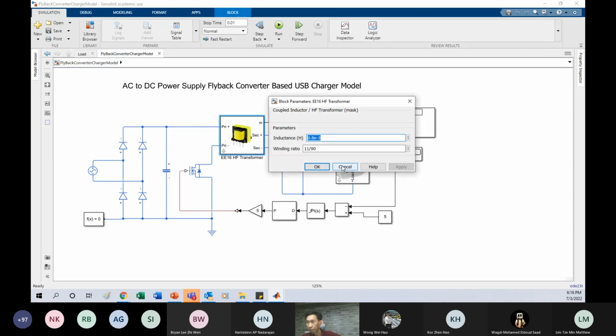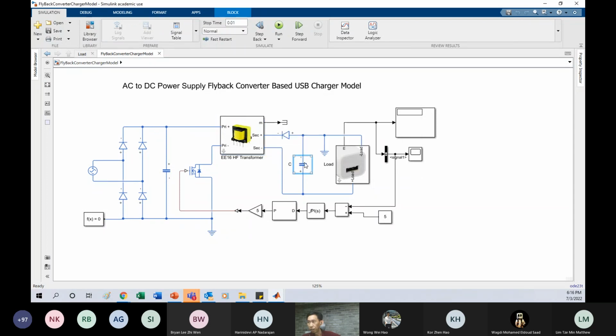EE16, the ratio is 11 to 90, and the inductor is 0.8 millihenry. This is the real EE16 HF transformer.